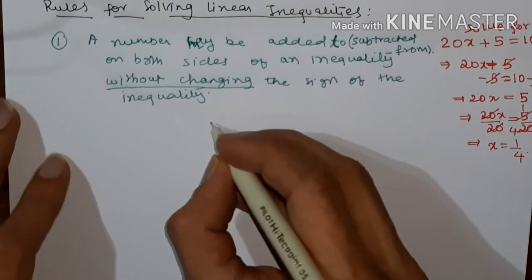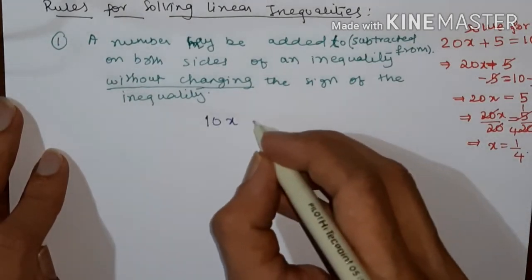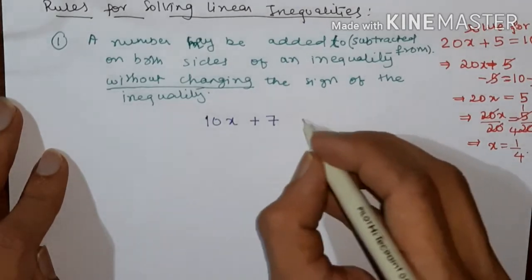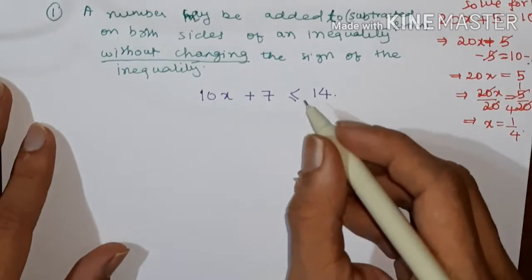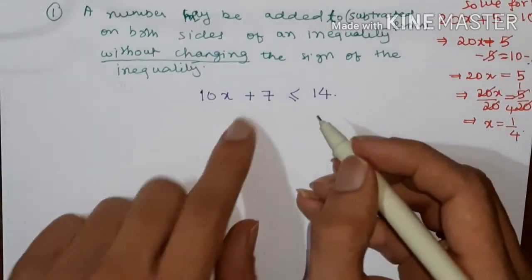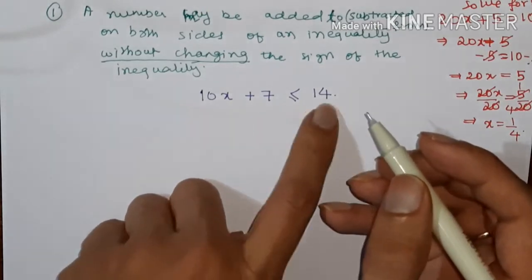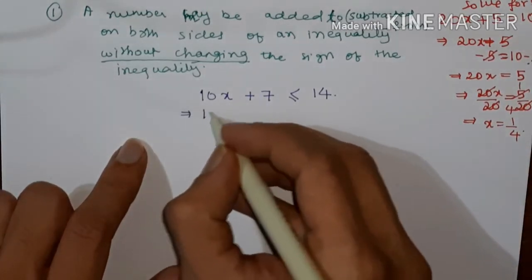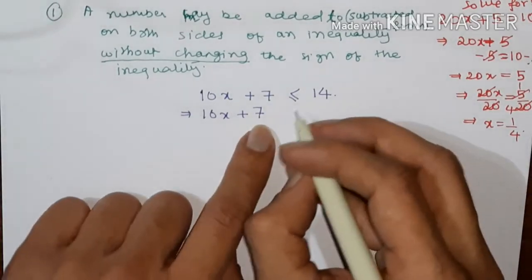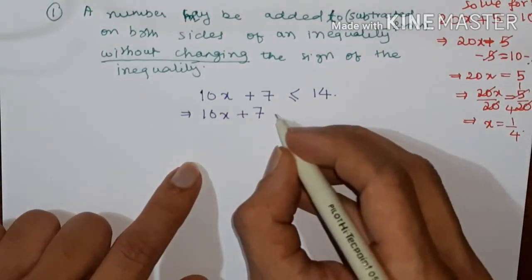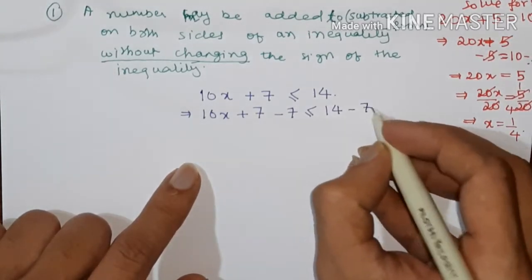If you have, say, 10x plus 7 less than or equal to 14, what you can do is subtract any number on both sides. Say for example we subtract 7 on both sides. So you get 10x plus 7 minus 7 less than or equal to 14 minus 7.